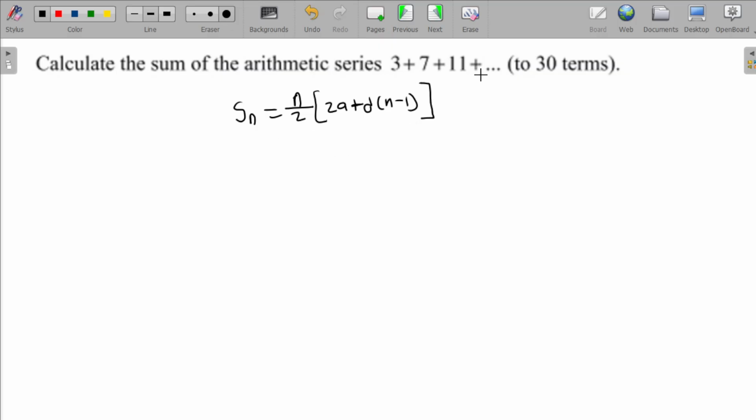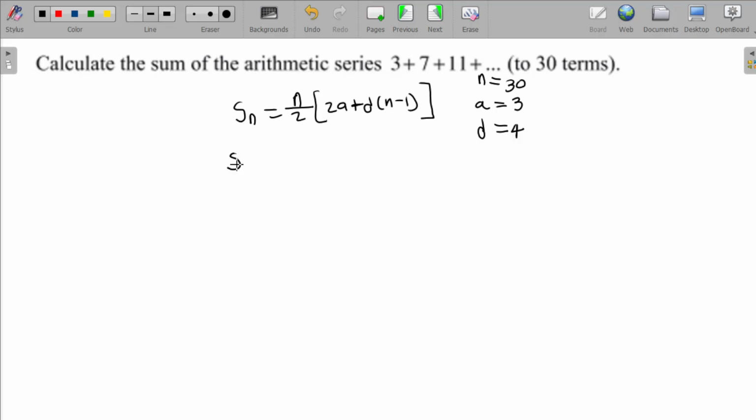Now, in this formula, we need to know how many terms we have in the sum that we need to calculate. In this case, they told us that is 30. And then we need to know the value of a. In this case, the value of a is 3. And then we need to know the difference. In this case, the difference, 7 minus 3, is going to be 4. That's going to be our first difference, which is a constant difference.